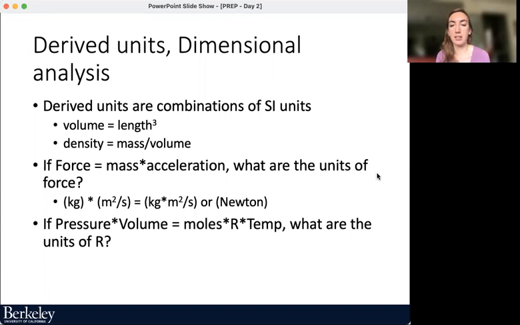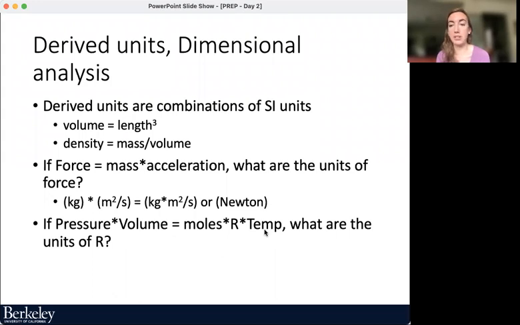So just as another example, this is the ideal gas law, which you might have seen in earlier classes, you might not have, it's totally fine if you haven't. For a gas, pressure times volume equals moles times this constant R times temperature.